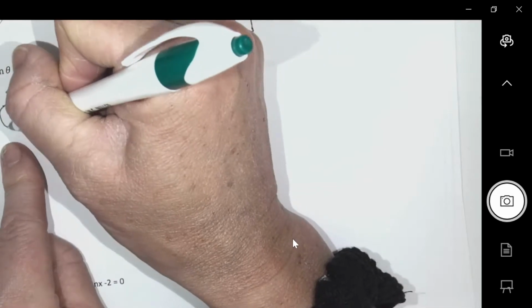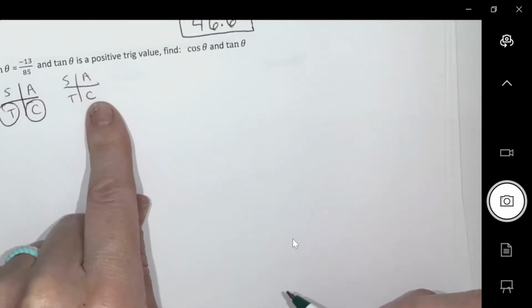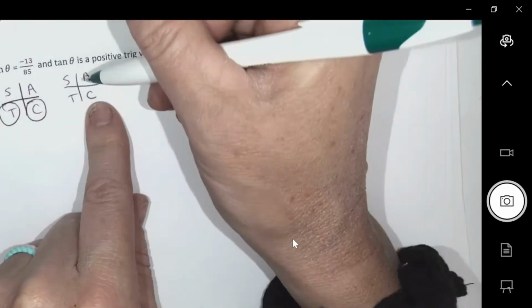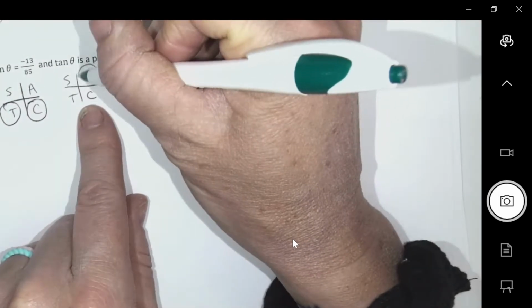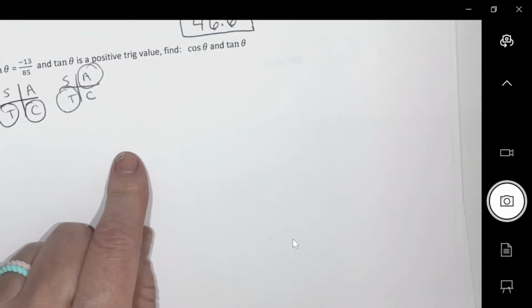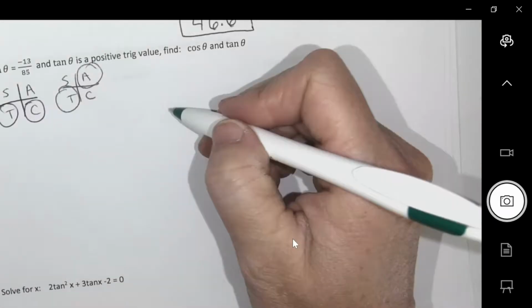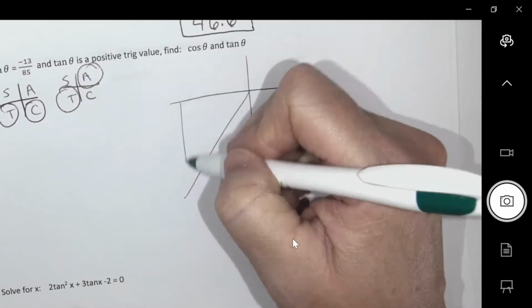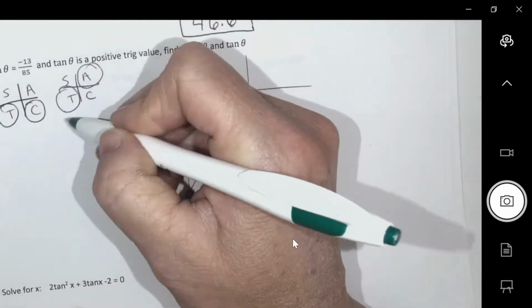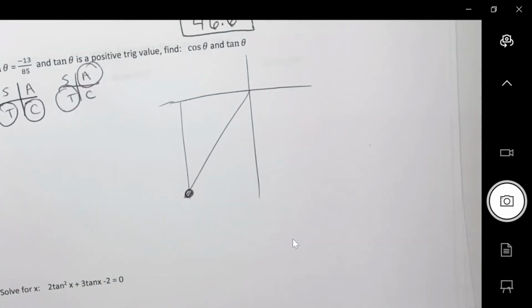In the bottoms. And tan is positive. Where could it be if tan is positive? So which quadrant am I actually in? In quadrant 3, because it has to work for both of them. So that's the quadrant that works for both of them.